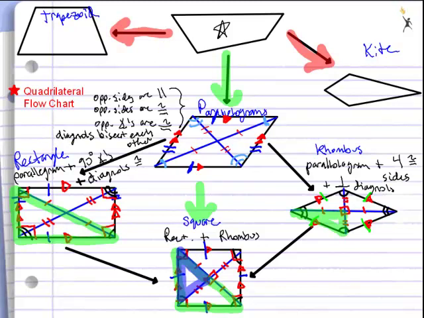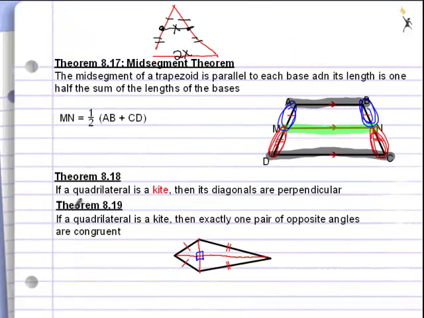If we go back to our notes, we find out if a quadrilateral is a kite, then exactly one pair of opposite angles are congruent, meaning that these angles are congruent or these angles are congruent. Pause video.